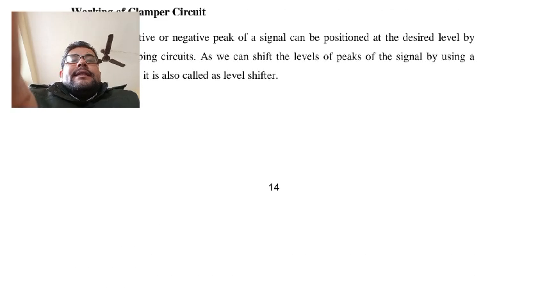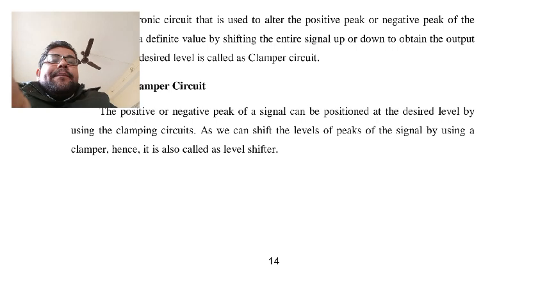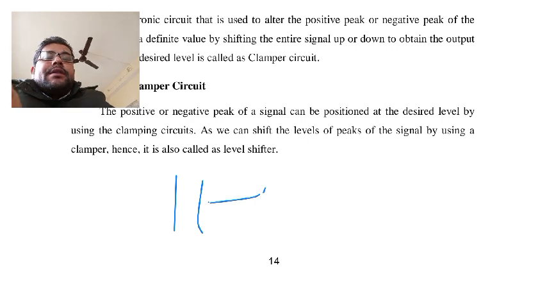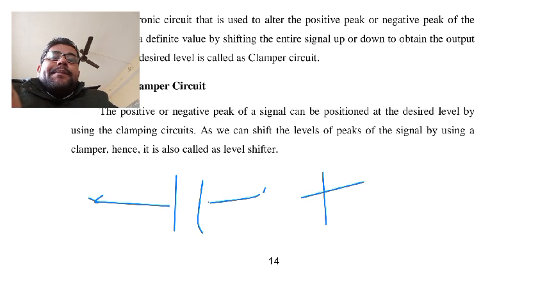A clamper consists of a capacitor, which is the energy storage element, and a resistor. This is the combination of two things. In clippers we have seen a combination of resistors and diodes, but a clamper is a combination of capacitor plus resistance.